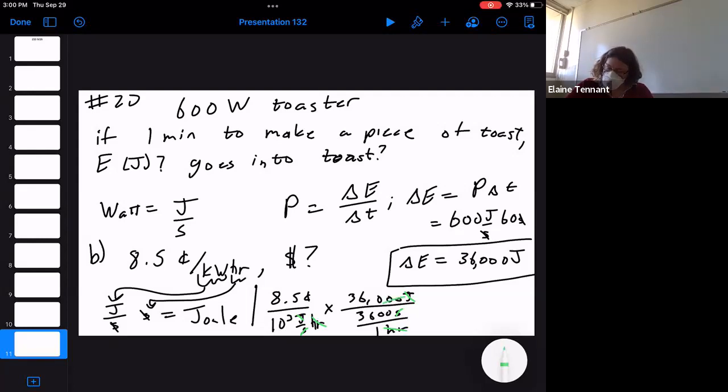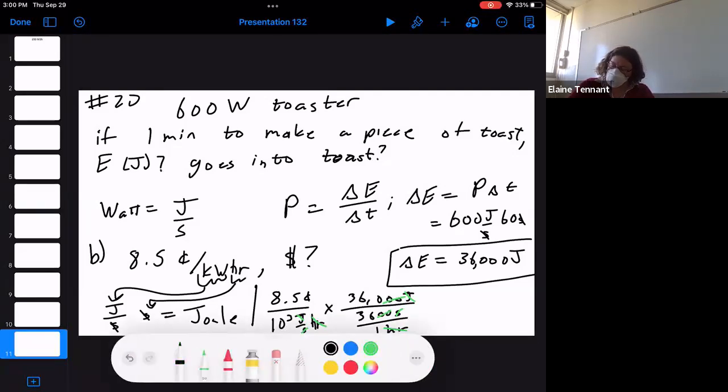Okay. So now I have 36,000 divided by 3,600, also divided by 1,000, multiplied by 8.5. Plug that into your calculators, or don't, and actually just do the conversion. 0.085 cents.